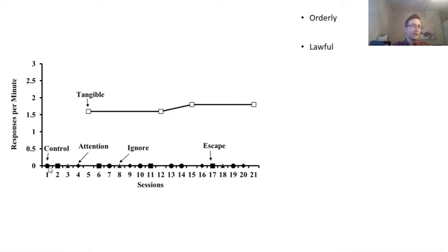Just notice that if the behavior is controlled by the environment, each condition represents a certain environmental arrangement in which we were measuring the behavior, right? So in the control condition, the behavior didn't happen. This condition didn't happen. This condition didn't happen. This condition increased, right? The responses per minute went up in the tangible condition. But then when we went back to this escape condition, the behavior didn't happen.